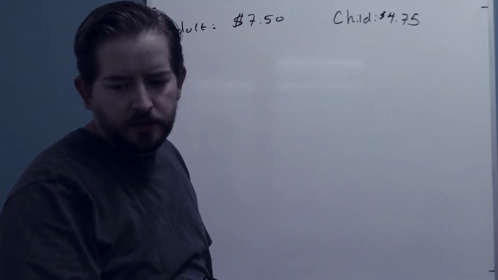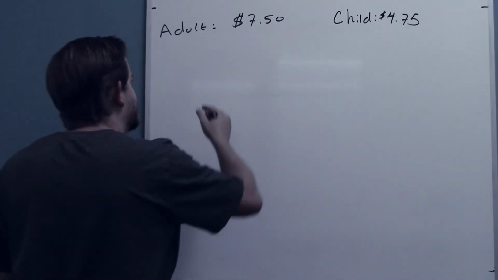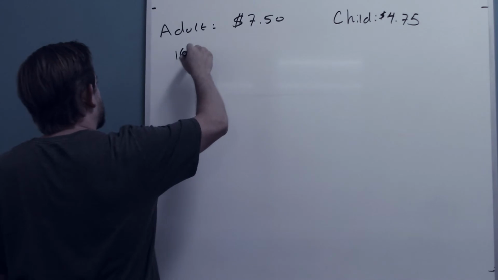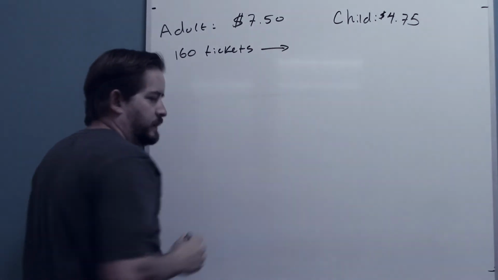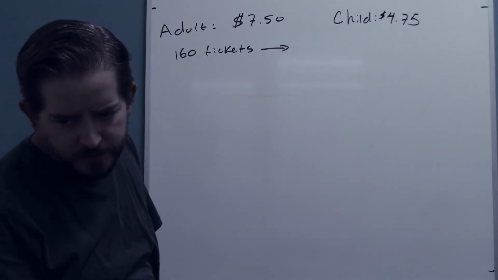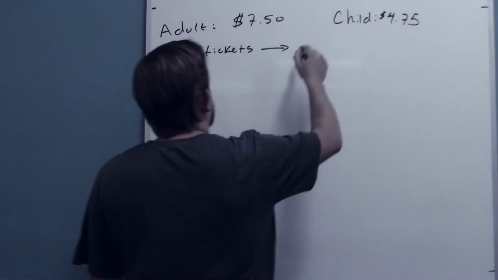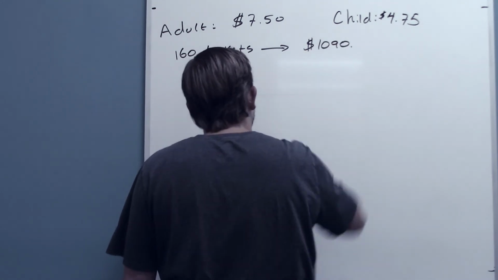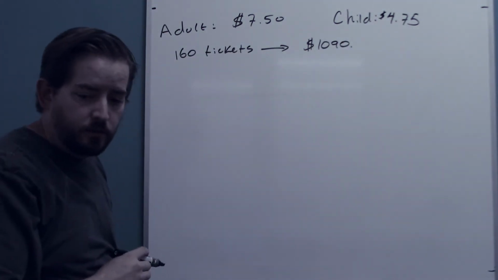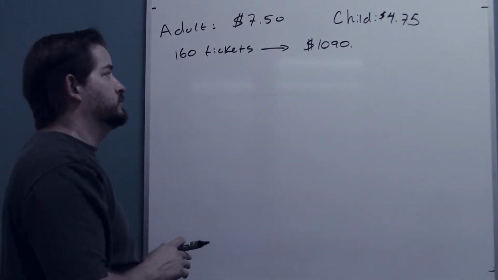The theater manager notices that there's a total of 160 tickets total. And the revenue was $1,090. Okay. How many adult tickets and how many children's tickets were sold?